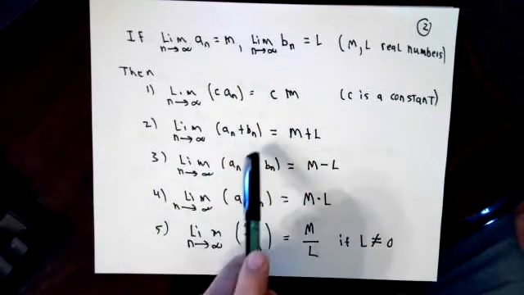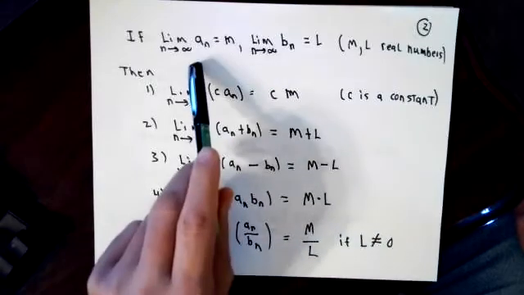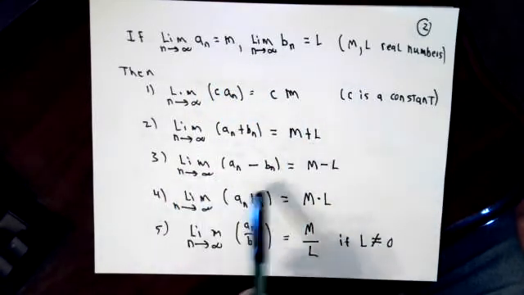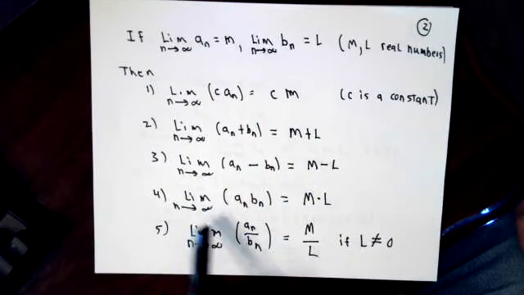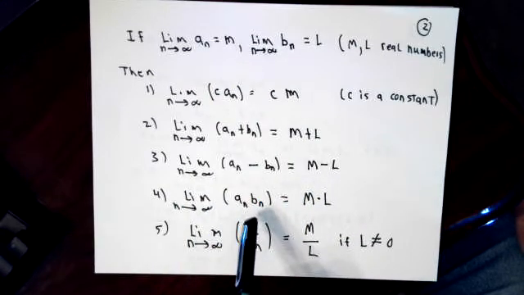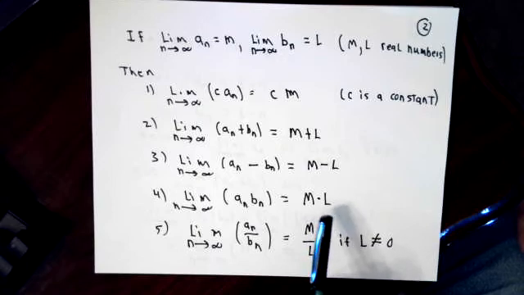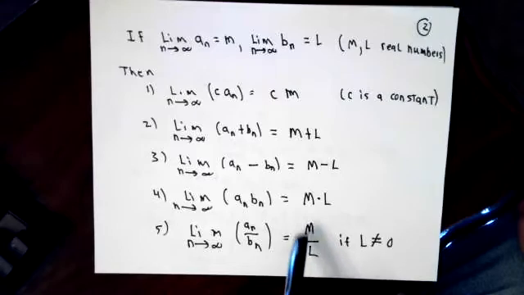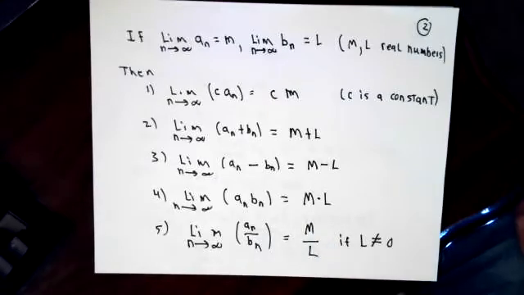The limit of AN plus BN is the limit of AN plus the limit of BN. Likewise, for the difference, the limit of the product of AN and BN is the product of the limits, and the limit of a fraction is the fraction of the limits, the limit of AN divided by the limit of BN, assuming that the one on the bottom isn't zero. These are the usual kind of things that you expect out of limits, so this should come as no surprise to anyone.